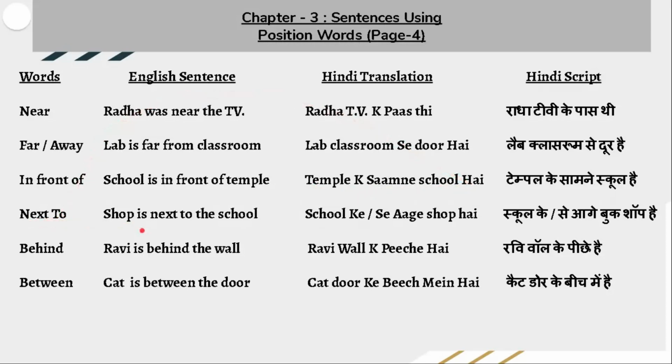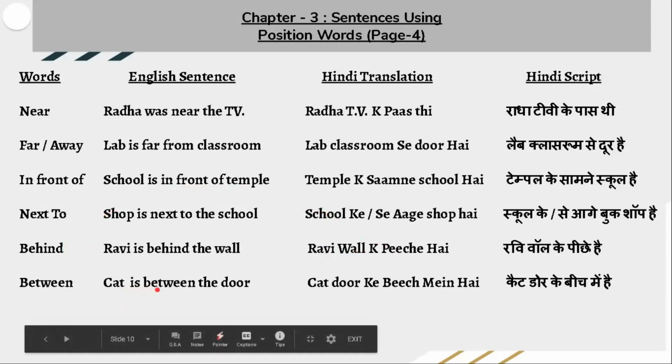Next to. Shop is next to the school. School के आगे और से आगे shop है. Behind. Ravi is behind the wall. Ravi wall के पीछे है. Between. Cat is between the door. Cat door के बीच में है.